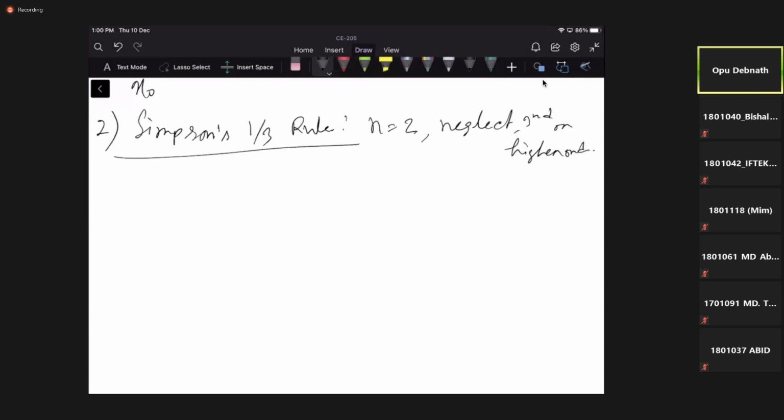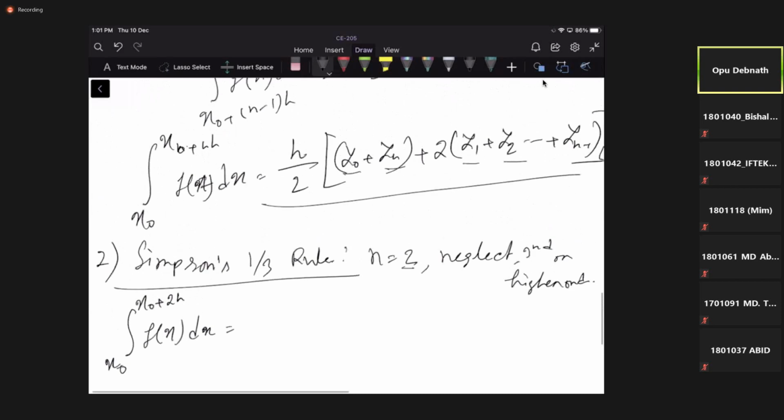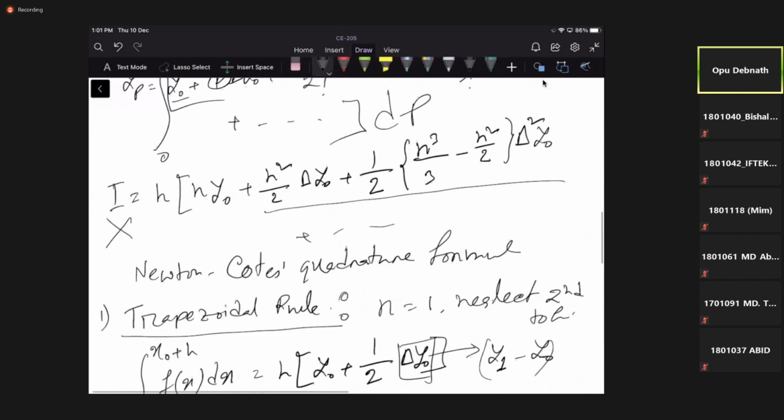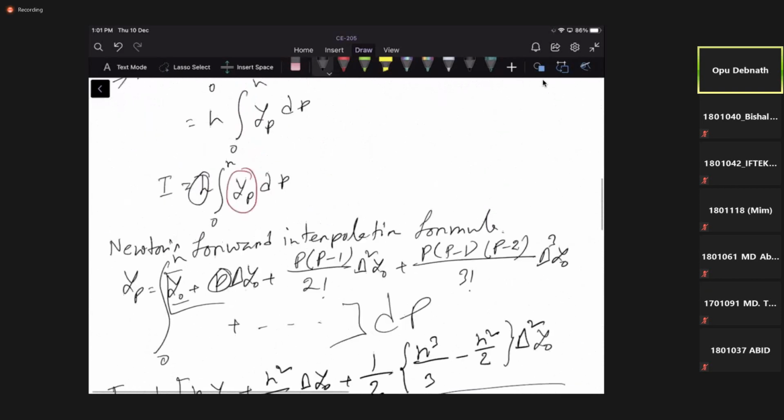So take n equal to 2 and neglect third or higher order. As n is equal to 2, the first step will be x0 to x0 plus 2h, f of x dx. In this case we are considering two steps.